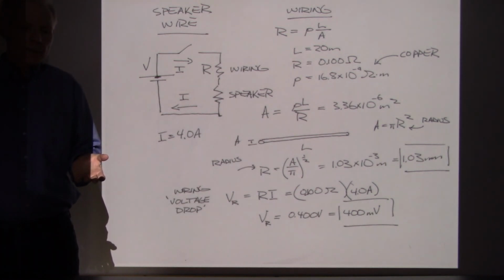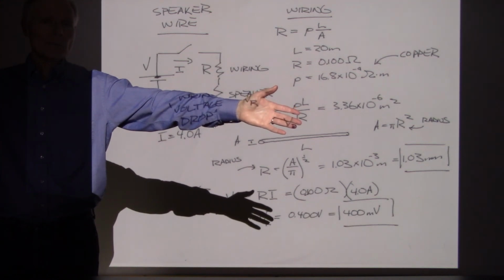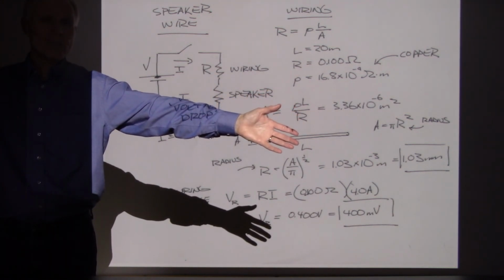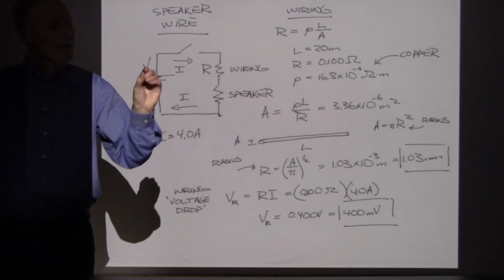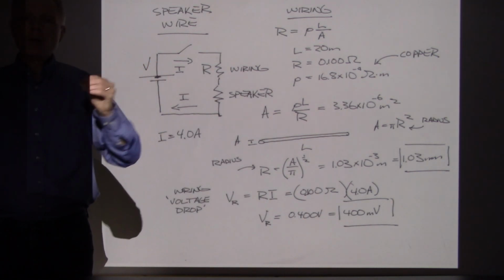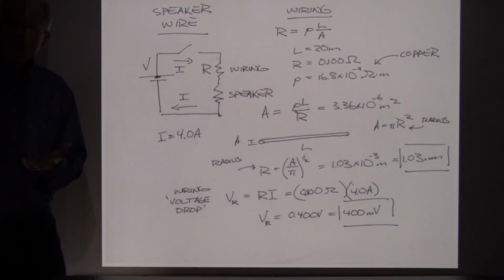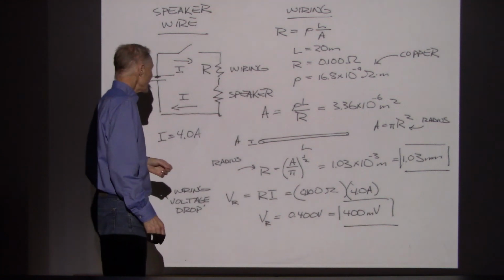A copper wire 20 meters in length, like 65 feet or so, and a couple millimeters in diameter, so it's not too thick, but it provides only 1/10 of an ohm of resistance. So that's pretty good.